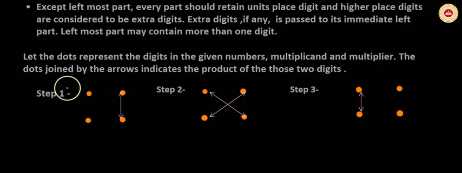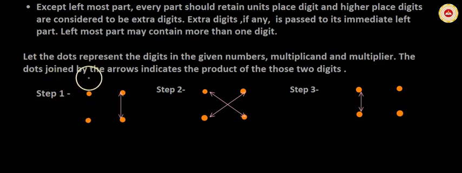The dots joined by the arrows, this pink arrow, these orange colored dots represent the digits in the number. See, this is multiplicand and this is multiplier.